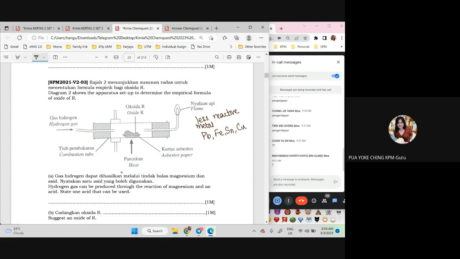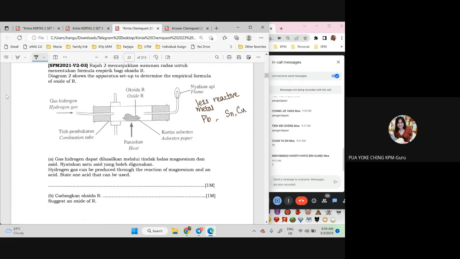Kita jarang pakai Fe. Okay, Fe dia tengah-tengah, so usually kita tak guna Fe lah. Usually it's this three. Guna this three is enough. Pb, Sn, Cu.